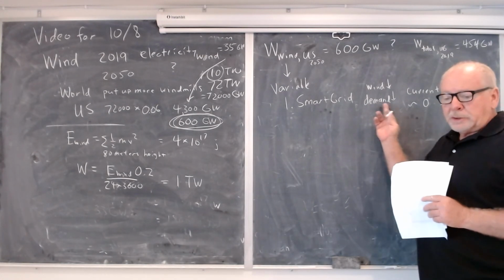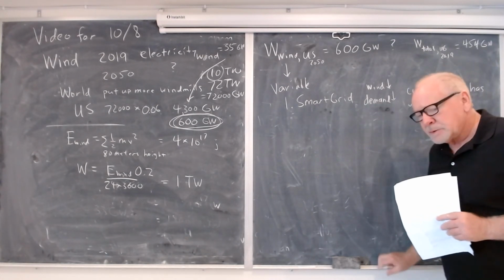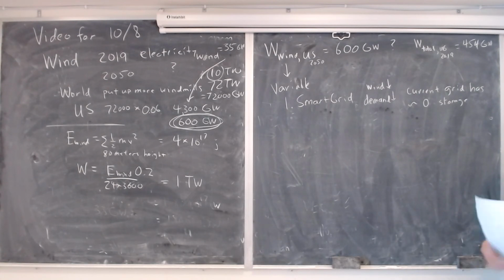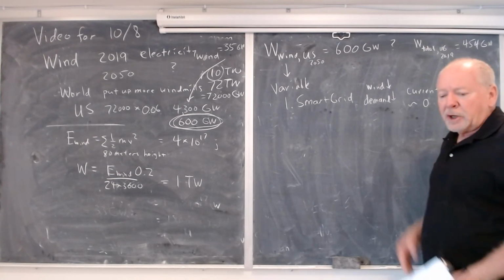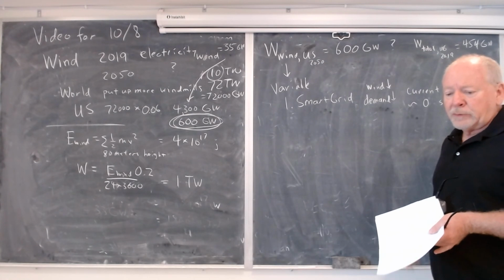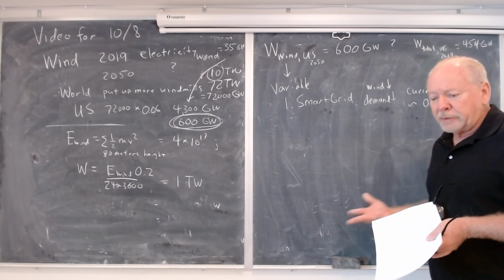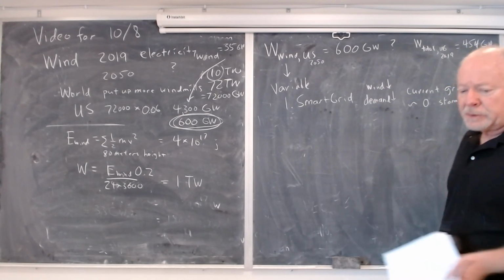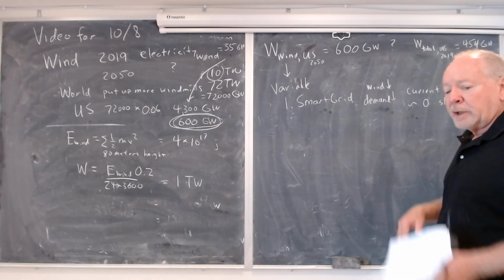Now, this currently exists in sort of clunky fashions. One simple mechanism is that utilities go to large consumers of electricity, for example, large factories, and they say, we will lower your overall electric rate a little bit if you agree that, on very hot sunny summer days, when everyone's got their air conditioner on and you run out of capacity, we may call you up and say you have to shut down parts of your factory in order to get that lower rate.